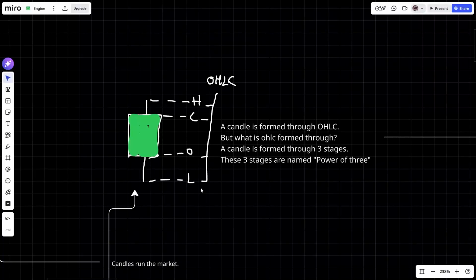You've probably gone on YouTube, you've seen many ICT kill zone strategies, blah, blah, blah. Every single strategy out there relies on the daily power of 3. ICT traders like to trade the 930 open. The 930 open is where we go from making that low to making that high.